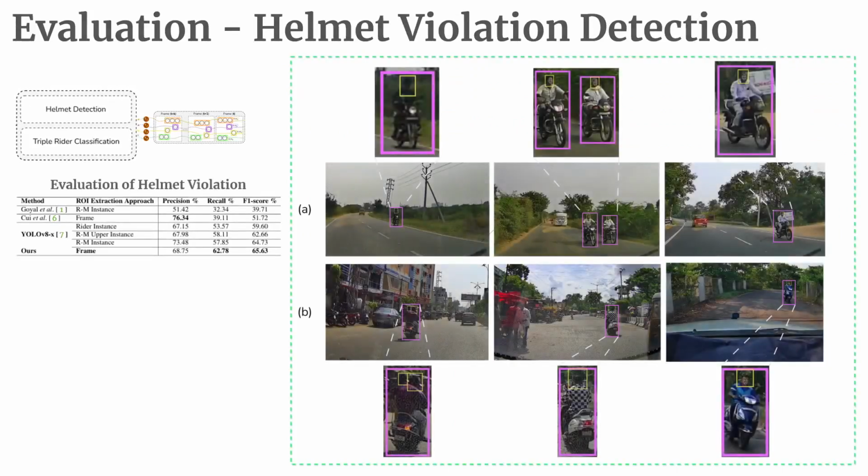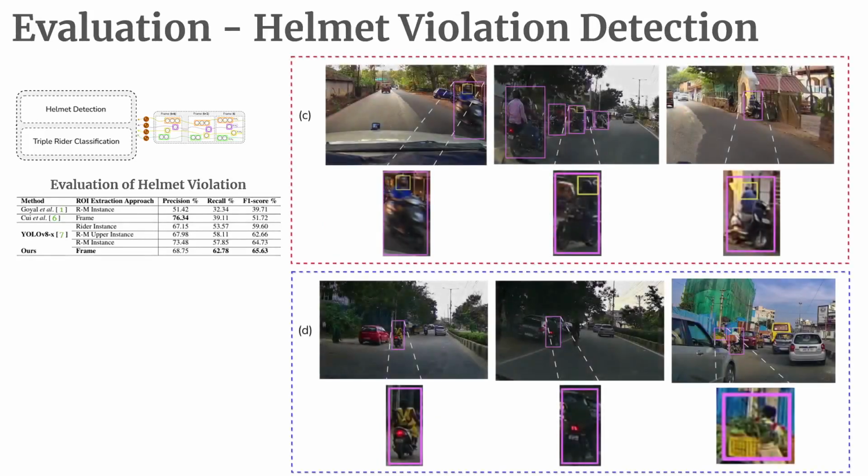The table here presents comparative evaluation results for helmet violation detection at the rider track level. In figures A and B, the model correctly identifies helmet violations. In figure C, however, we see some examples of false positives. In the image on the left, due to motion blur, a false no-helmet violation is detected.